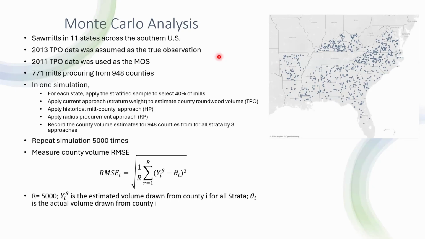There are 771 mills procuring from 948 counties. In one sampling simulation, 3 approaches were applied, and county volume estimates were recorded and compared with the actual volume, and the IMSE were derived.